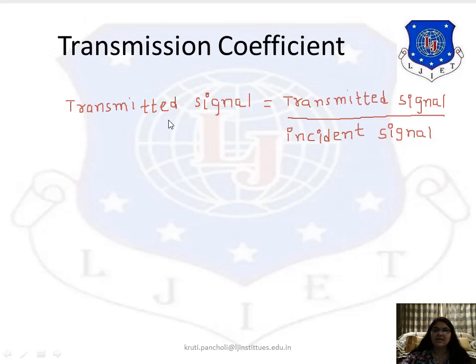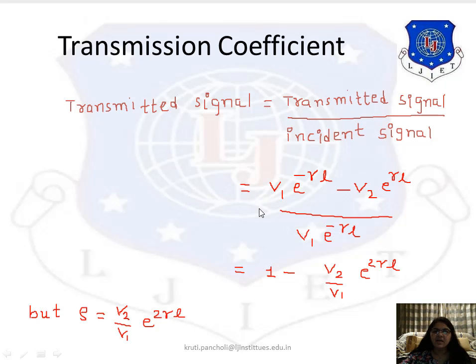The transmission coefficient is the transmitted signal divided by the incident signal. So it is V1 e raised to minus gamma L minus V2 e raised to gamma L, upon V1 e raised to minus gamma L.